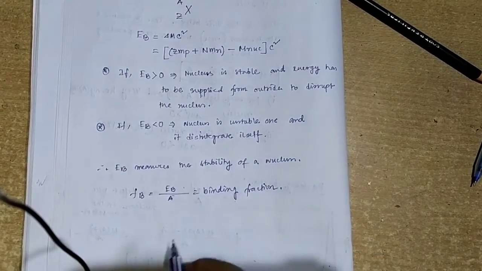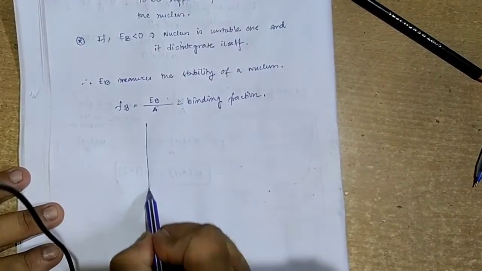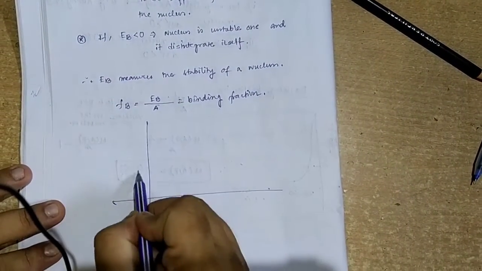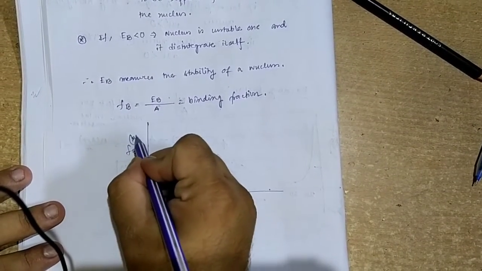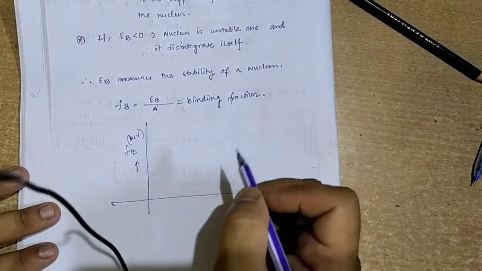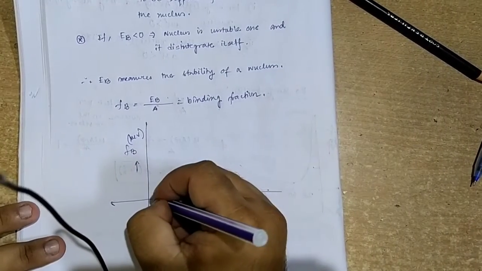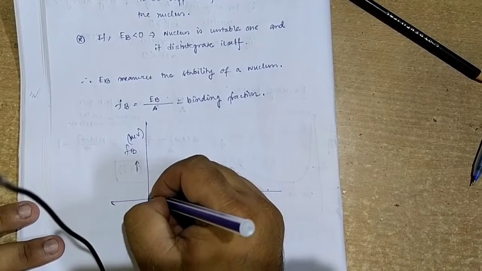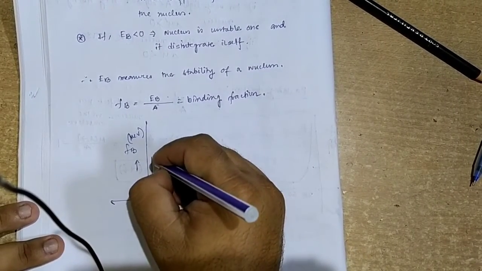Clear? And if we plot this binding fraction FB of a nucleus, which is of the order of MeV, against mass number A, then we find a graph, the binding fraction curve, a curve of this type.